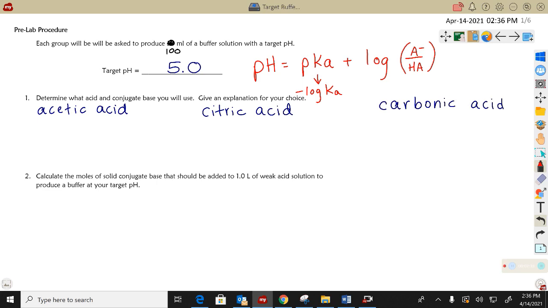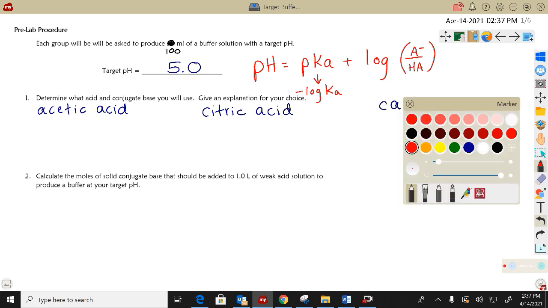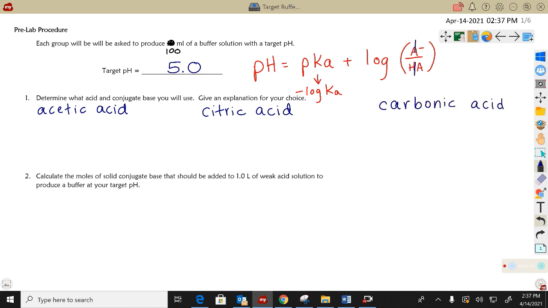If I had a 1-to-1 ratio of weak acid to conjugate base, remember how we said that if this was 1/1, the log of 1 is 0, and then the pH would just be calculated as the negative log of the Ka.